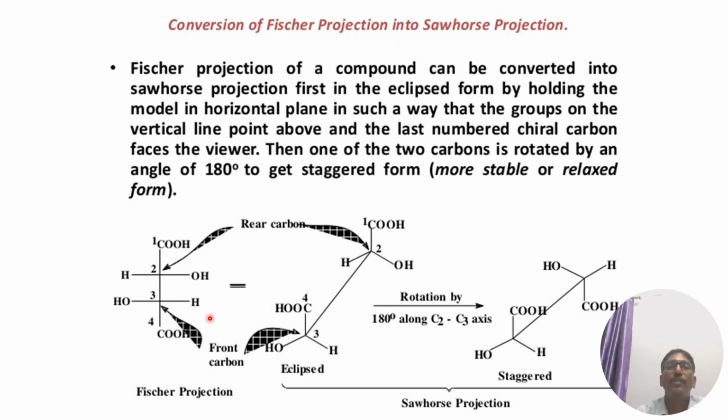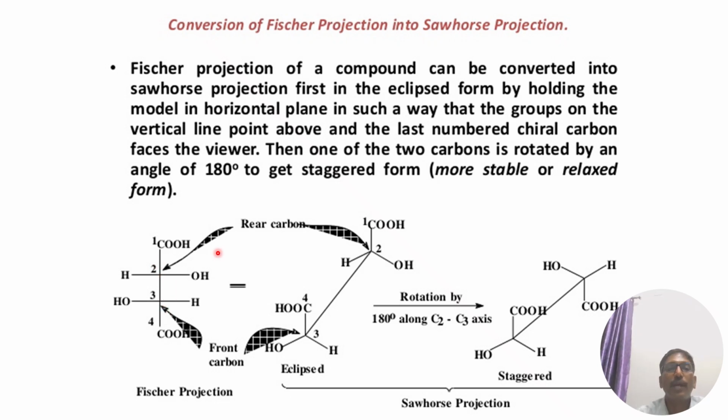One of the two carbons is rotated by an angle of 180 degrees to get the staggered form. That's nothing but the more stable or relaxed form, where you can see that in the Fischer, the horizontal line is close to our view, whereas the vertical one is away from our view.